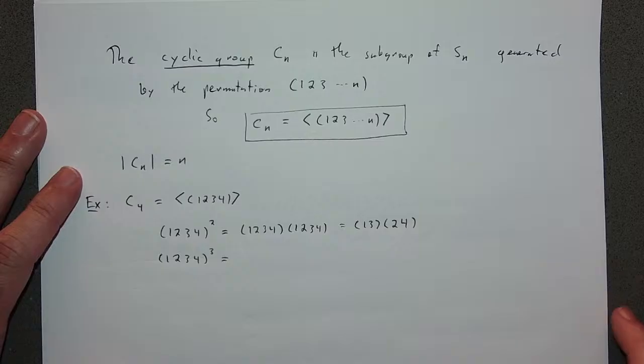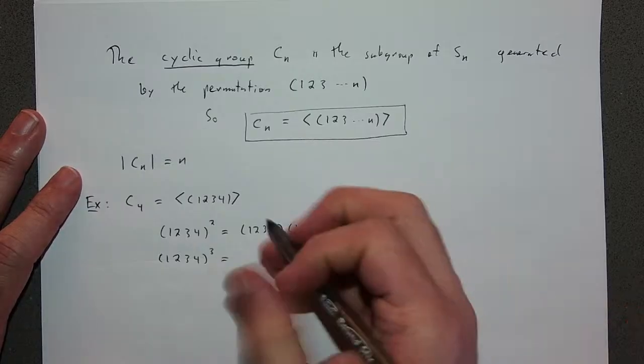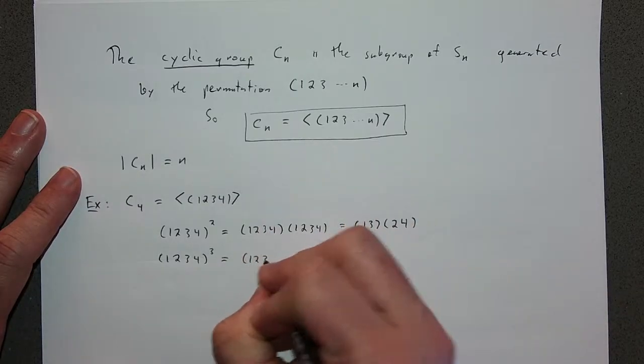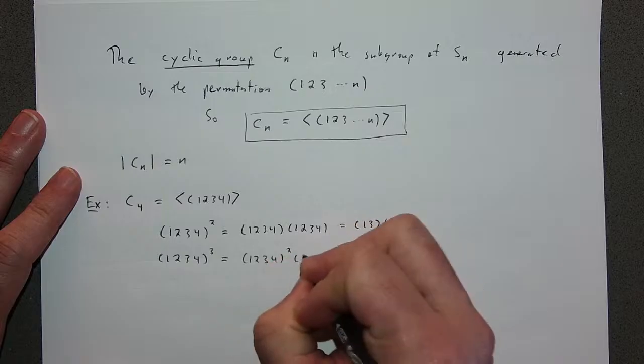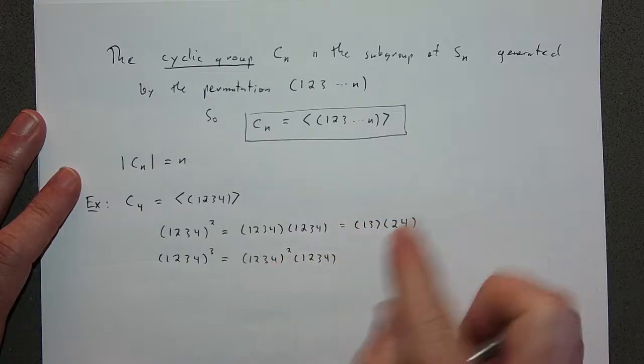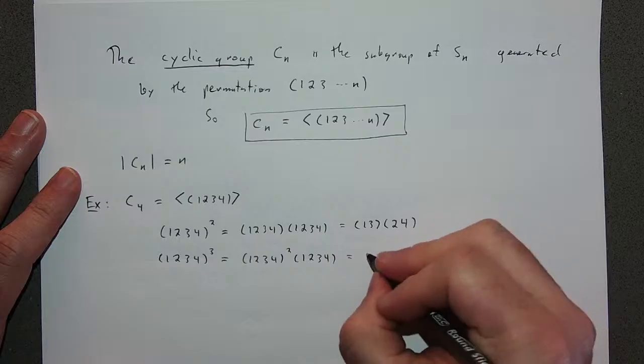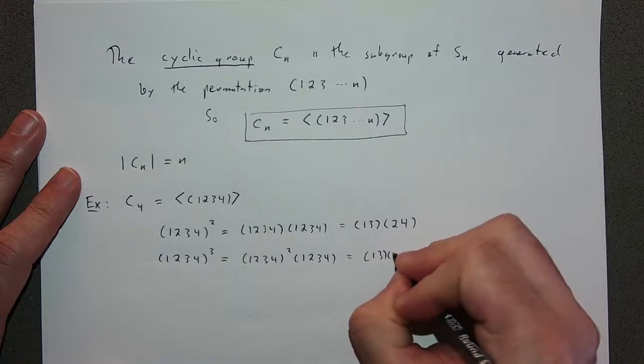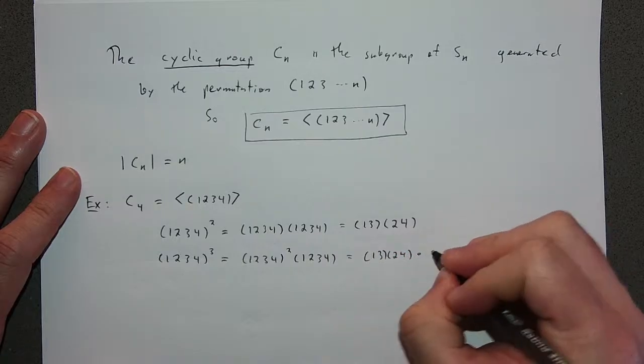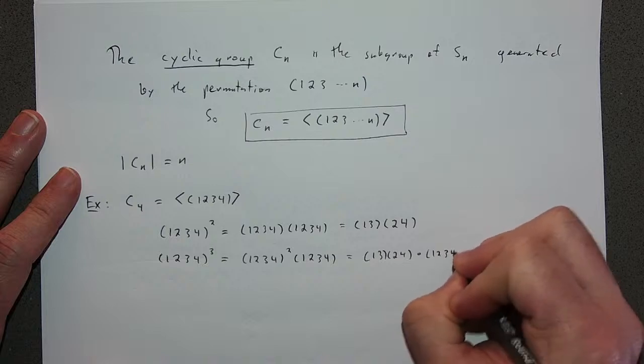So (1 2 3 4) cubed. Well, this is (1 2 3 4) squared times (1 2 3 4). And I've already computed this. So this is (1 3)(2 4) composed with (1 2 3 4).